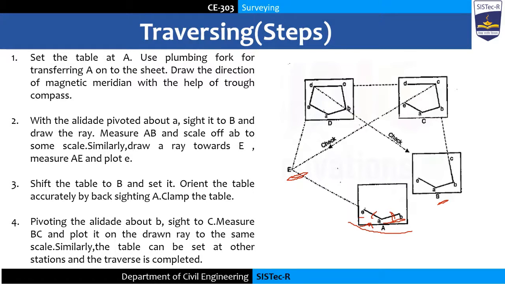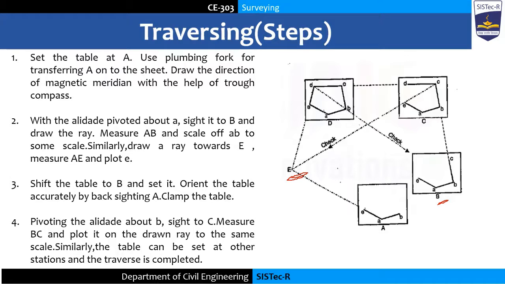Next I will shift the table to B and set it, and then orient the table accurately by backsighting at A and clamp the table. So I have done nothing but orient the table. Then pivoting the alidade about B, sight to C, measure BC and plot it on the drawn ray to the same scale.